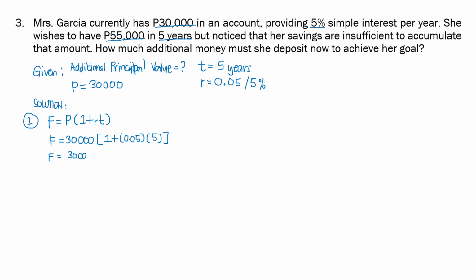So copy. So 0.05 times 5 is equals to 0.25. So let's combine these two. 30,000. So 1 plus 0.25 is equals to 1.25. So multiply it by 30,000.